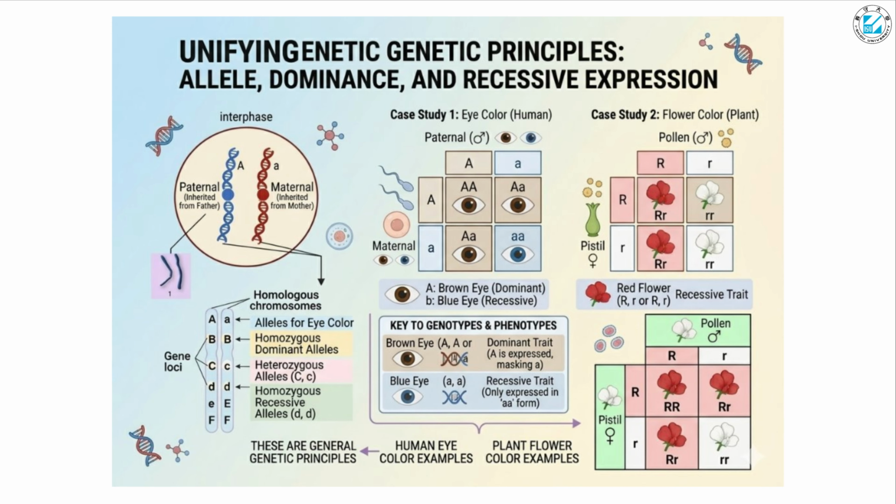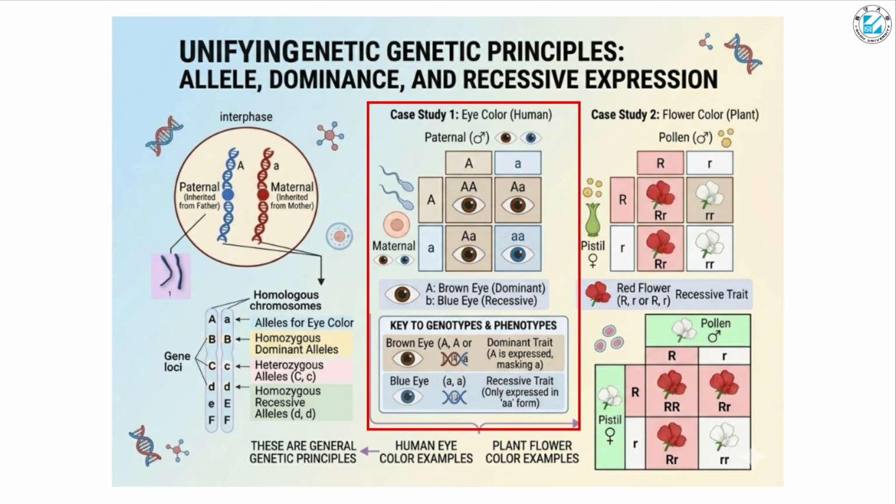So let's first see case 1. The two chromosomes, one from your father and one from your mother. If the gene is large A, small a, so if father's gene is large A and small a, mother's large A and small a, so in this figure you can see the eyes, brown eyes.